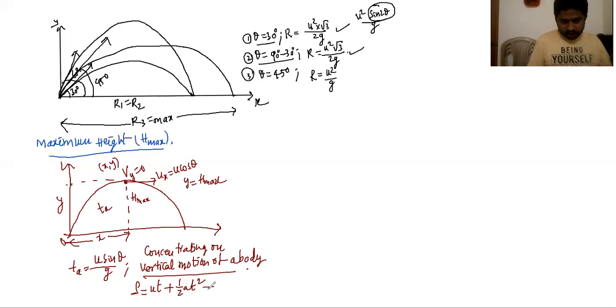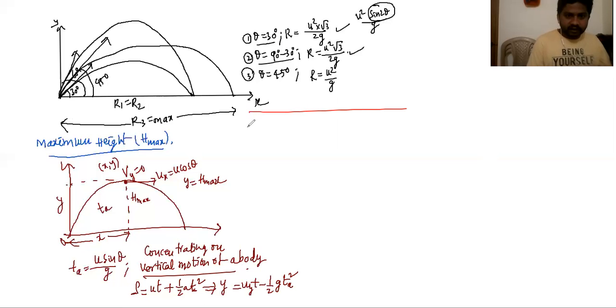So in the motion in a plane, S is the vertical displacement we need, y, which is equal to the vertical velocity times t minus half g into the time taken to move from here to the vertical displacement. So that is time of ascent square. I hope it is very easy for you, and let me start.